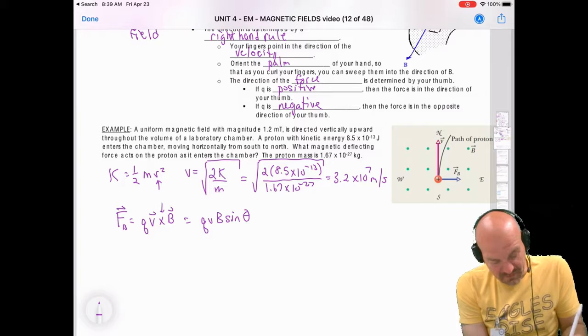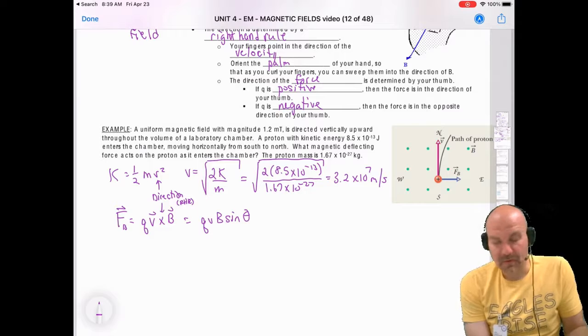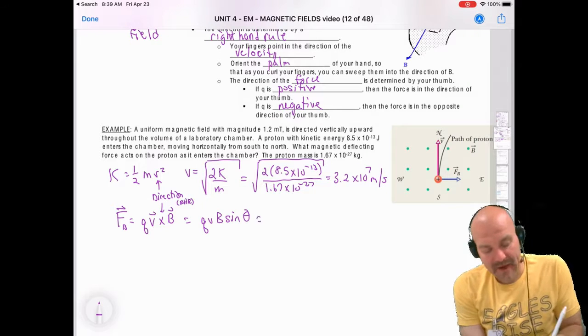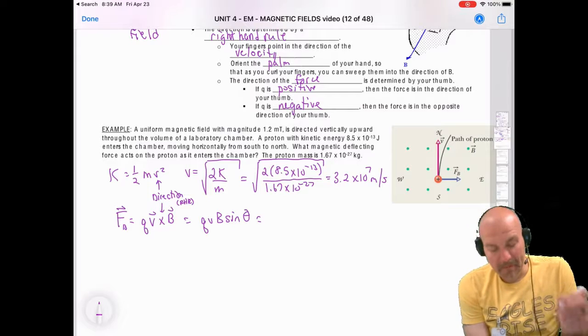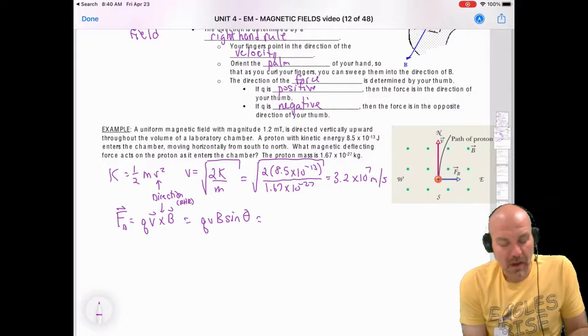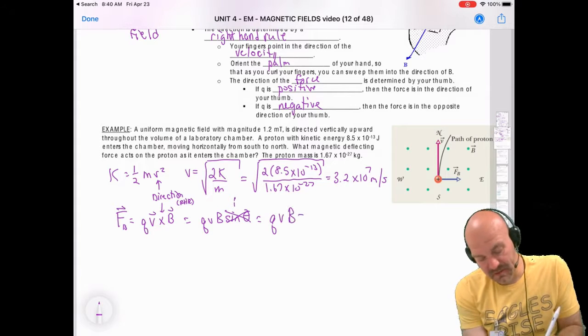We'll use the cross product to figure out the direction using our right-hand rule, but we'll use qVB sine theta to find the magnitude of the force. The good thing is it's perpendicular. You can see in the picture, we're going up, the field is coming out, so the velocity is perpendicular to the field. We don't have to worry about the sine; this is just equal to 1. So we're just looking at qVB.